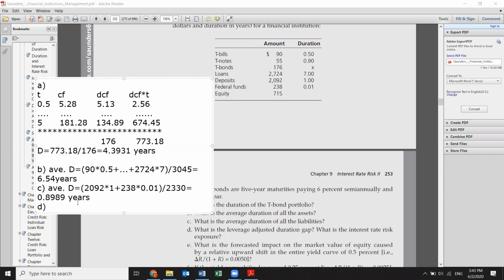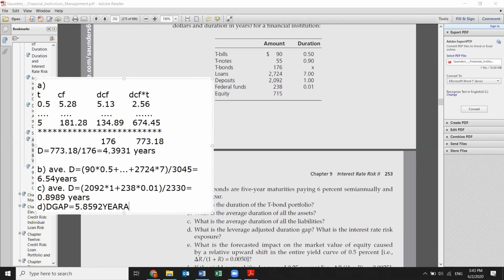And I will not put the formula. We know how to calculate. So the leverage adjusted duration gap is equal to 6.54 minus, let me just put the answer, you just substitute all the numbers, that will give you 5.8592 years.